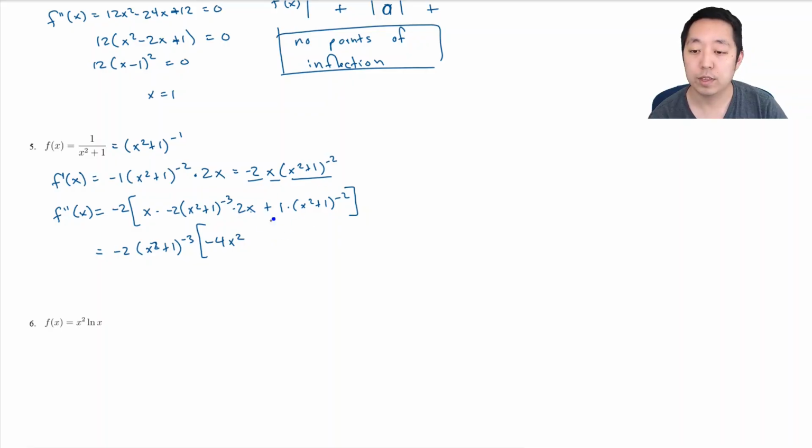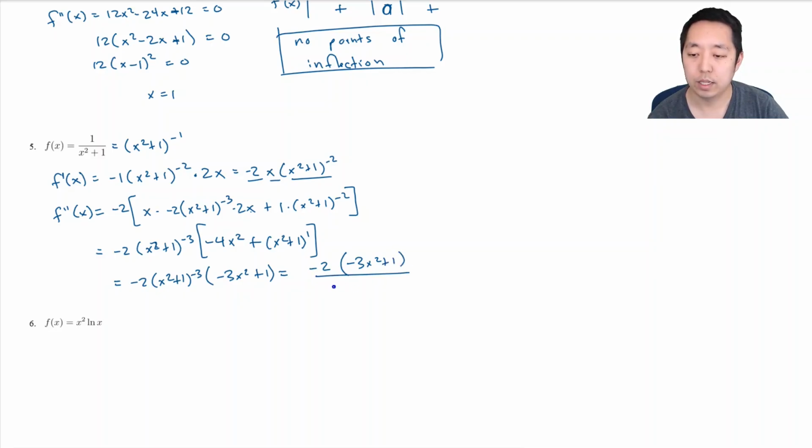And then for this term, I'm left with an x squared plus 1 term to the first power, because 1 plus negative 3 would be negative 2. So I get negative 2, x squared plus 1 to the negative 3, times negative 4x squared plus 1, which is negative 3x squared plus 1. And then finally, to write this as a fraction, it's negative 2 times the negative 3x squared plus 1, divided by x squared plus 1 cubed.